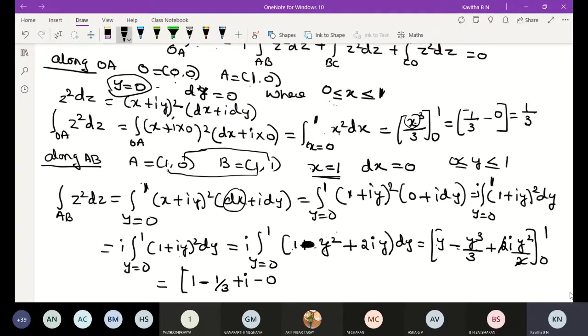Simplify: here i, here also i. Then i into 2 by 3 plus i, then multiply, giving minus 1 plus 2i by 3. This is the required answer.